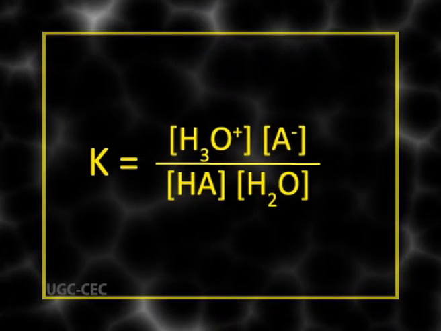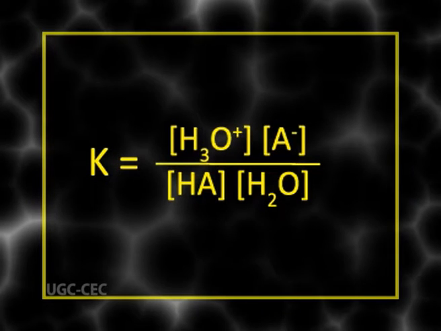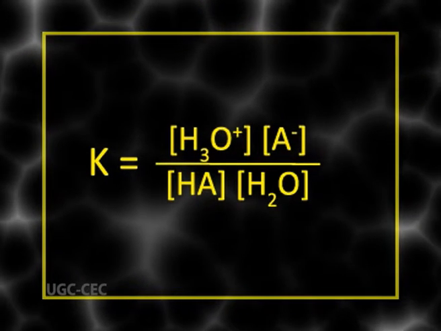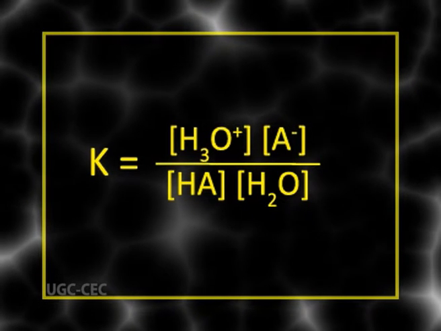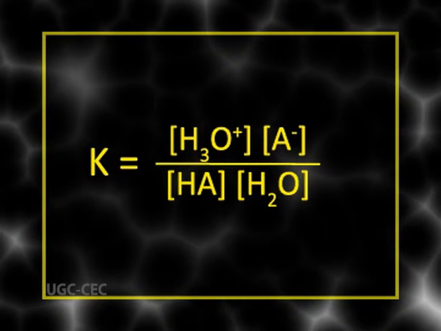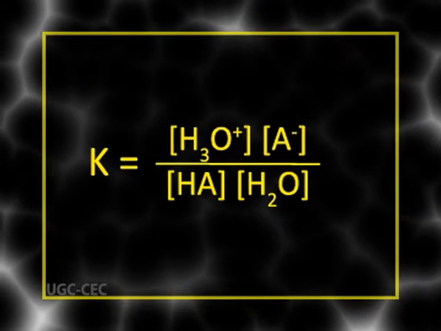Applying the law of chemical equilibrium, the equilibrium constant K for the above reaction is numerically equal to the product of concentrations of hydronium ion H3O positive and A negative ion, divided by the product of concentrations of HA and that of water.